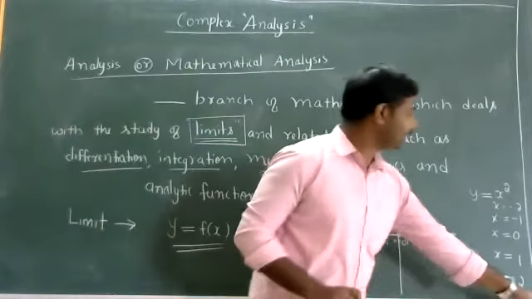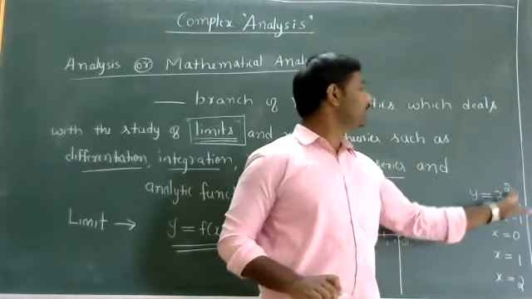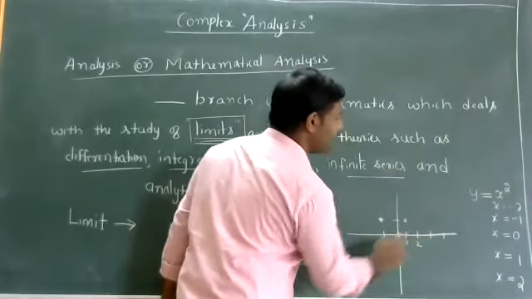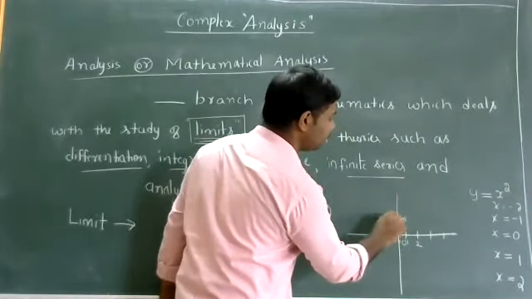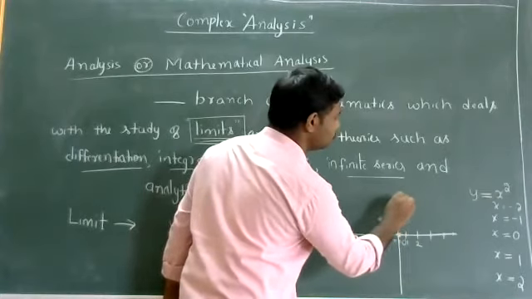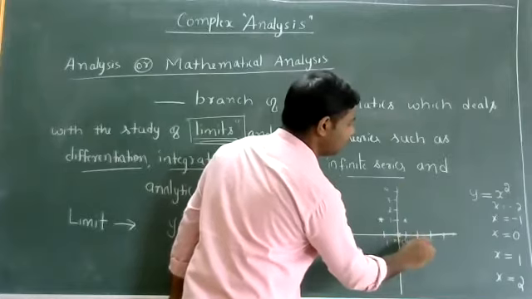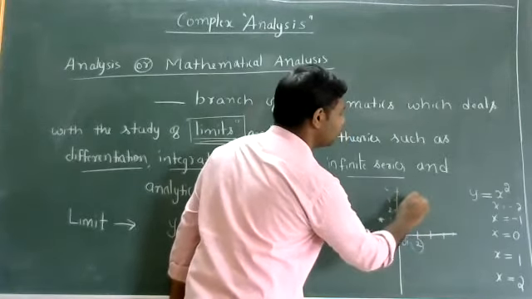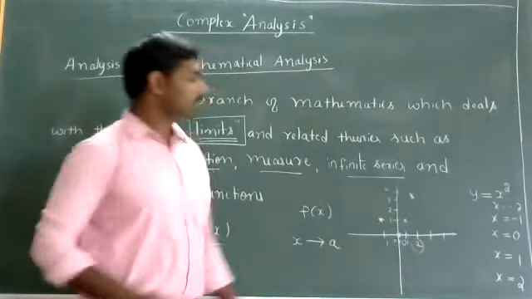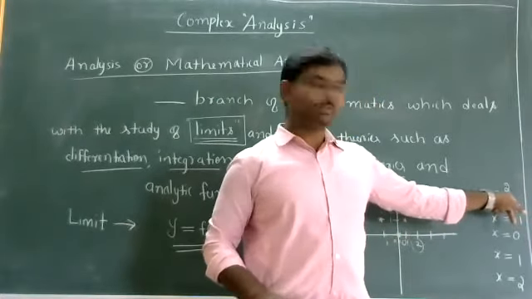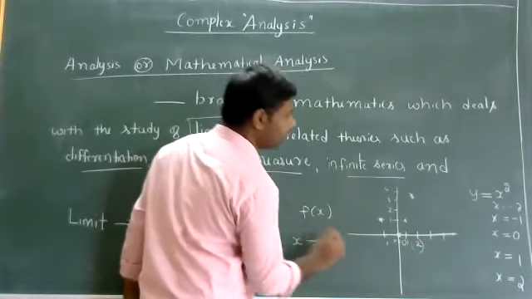Then if I take x equal to 2, 2 square is 4. So at x equal to 2, y takes the value 4. This is 1, this is 2, this is 3, this is 4. Similarly, put x equal to minus 2, minus 2 whole square is 4, y is again plus 4.